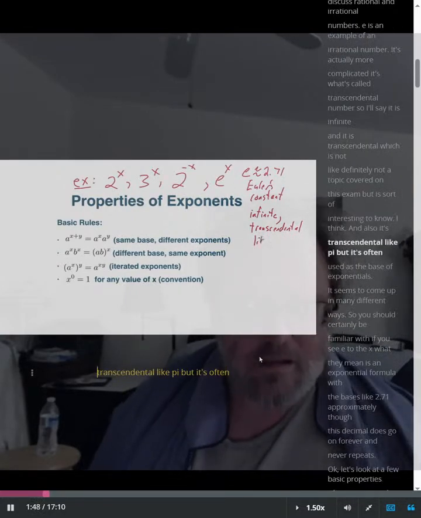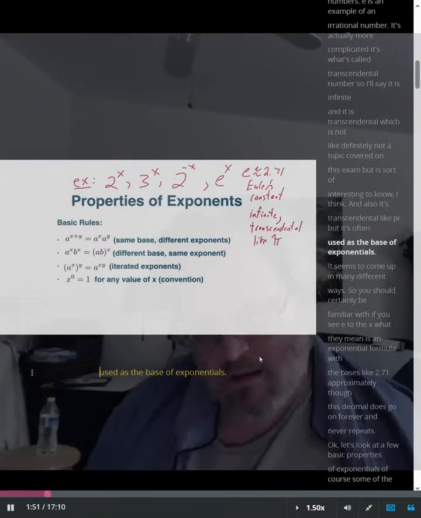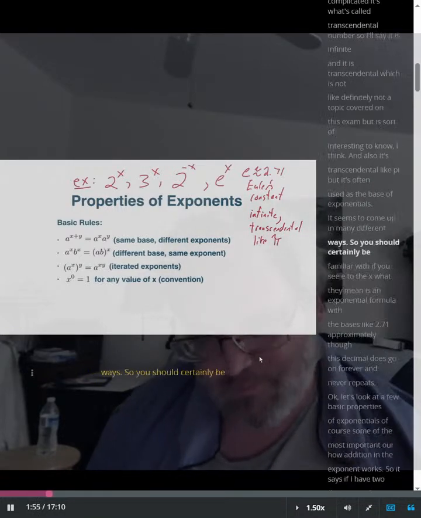It's transcendental like pi, but it's often used as the base of exponentials. It just seems to come up in many different ways.